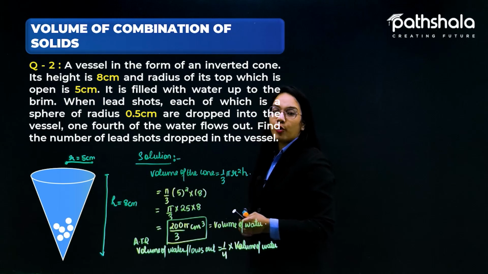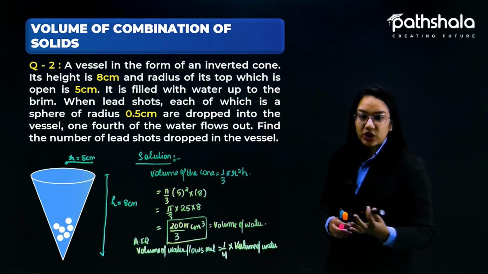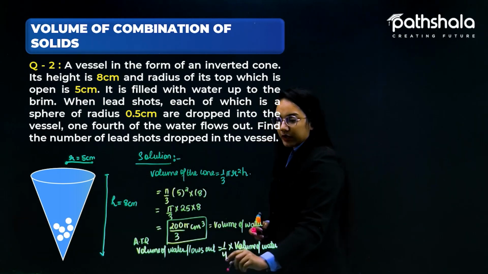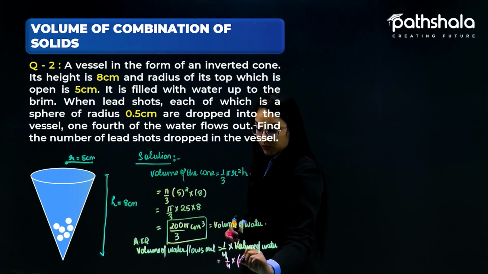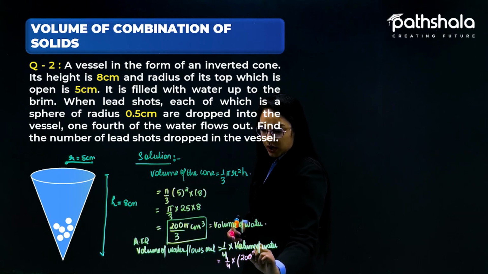It means that the volume of both of these are equal to each other. So hence, this is 1/4 into the volume of the water, which is 200/3 pi.